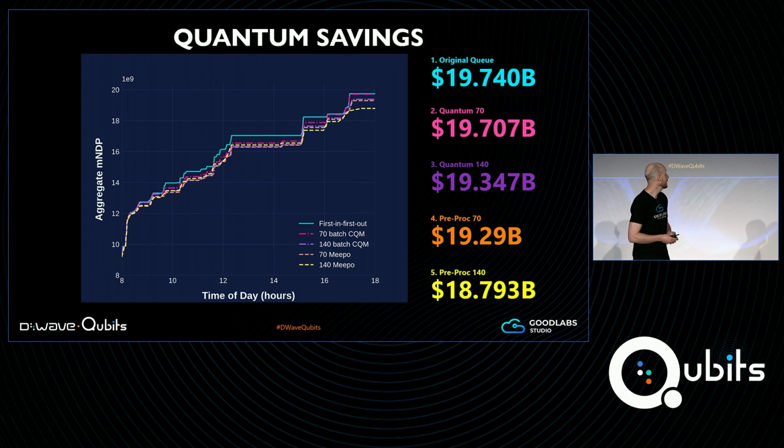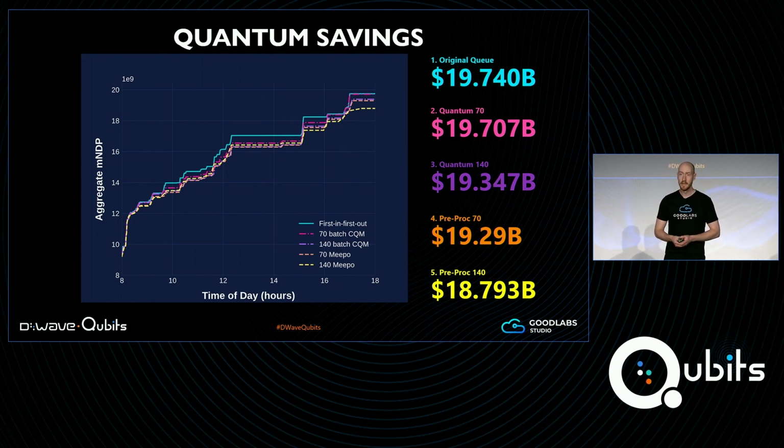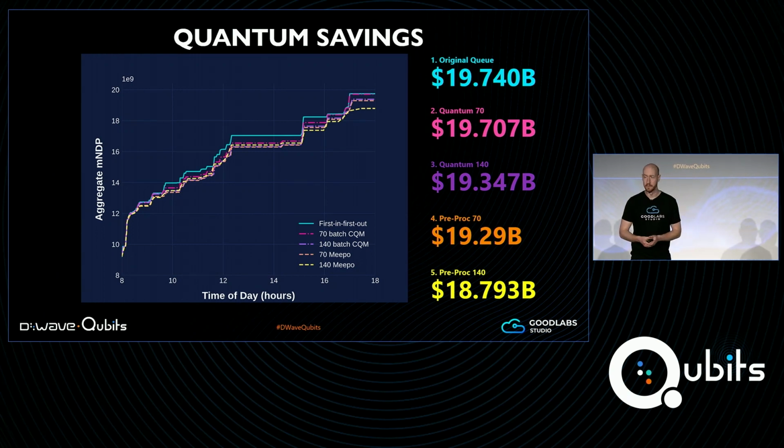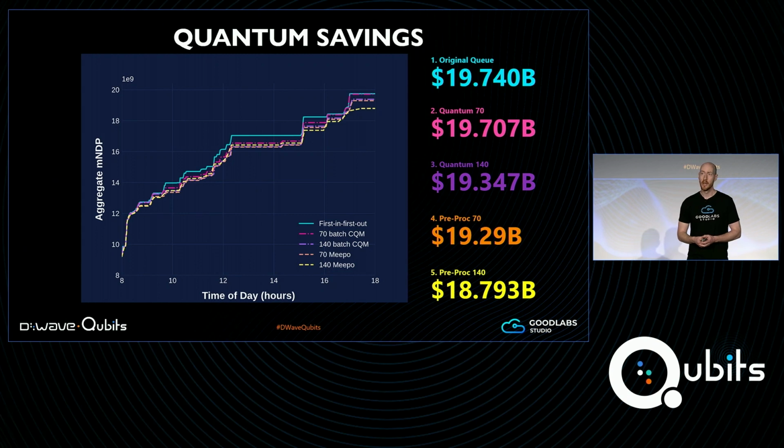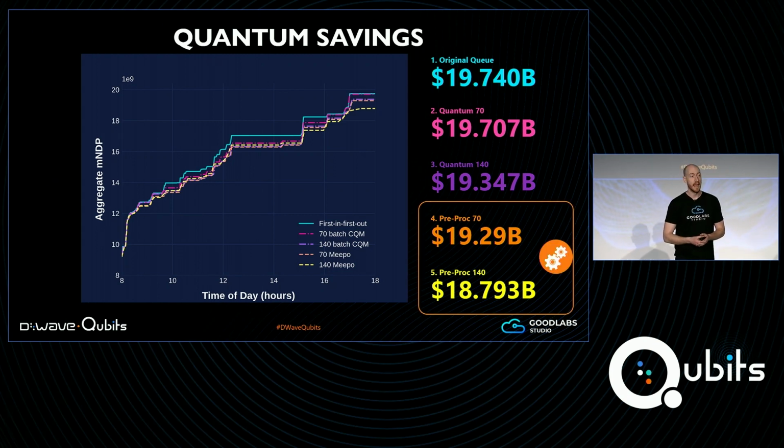For a batch size of 70, we see a savings of about 33 million, and for 140, we see a savings of 393 million.